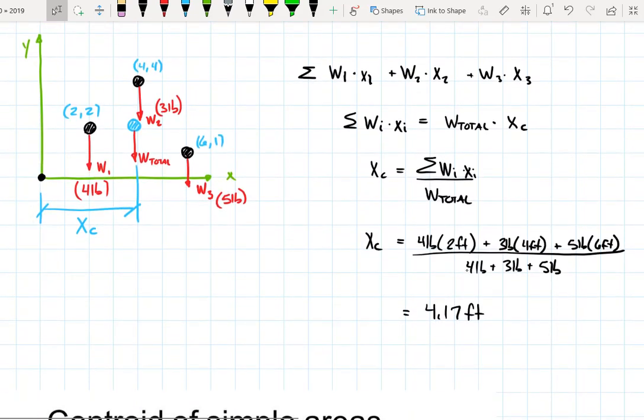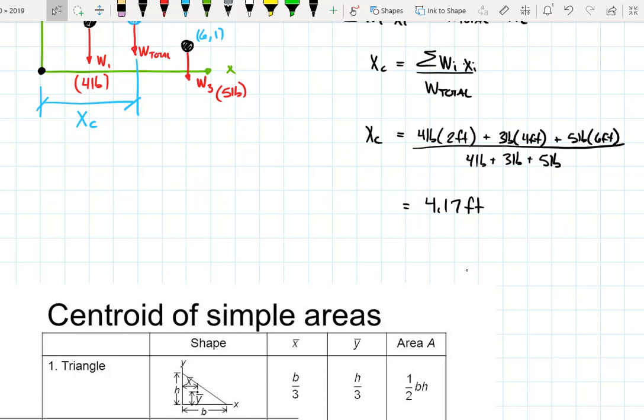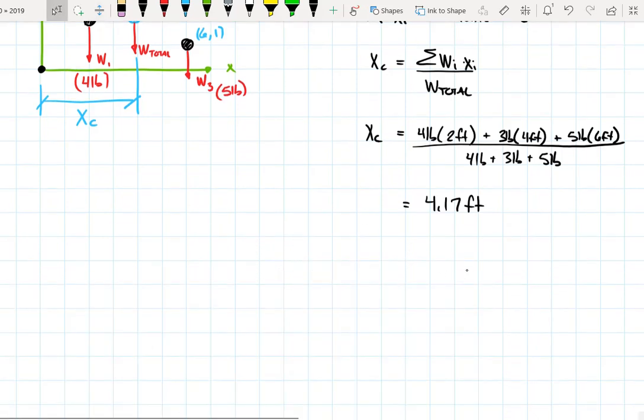So like I said, we're going to assume that the density doesn't change, the cross-sectional shape doesn't change, and so this weight is going to just be represented by an area. So I'm going to use the equation that x sub c is the summation of each area times their individual x coordinate divided by the total area.